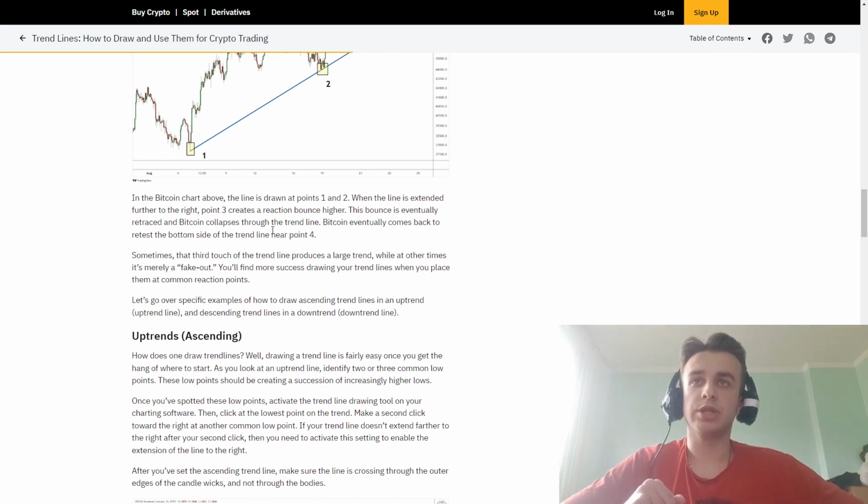In this Bitcoin chart above, the line is drawn through points 1 and 2, then extended into the future to the right. Point 3 shows a reaction higher. These bounces are followed by an immediate reaction when Bitcoin collapses through the trend line. Bitcoin then comes back to retest the bottom side of the trend line near point 4.